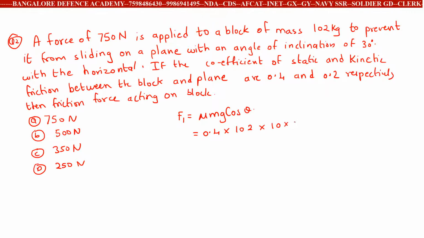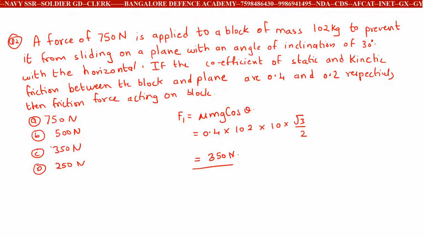If the answers are in point, then you have to take 9.8. Now cos 30 is root 3 by 2. Now when you try to solve this, you will get final answer as 350 Newton. That is option C is the right answer.